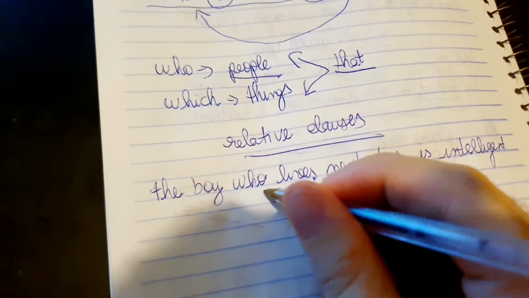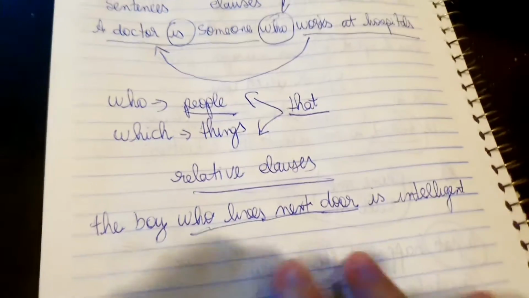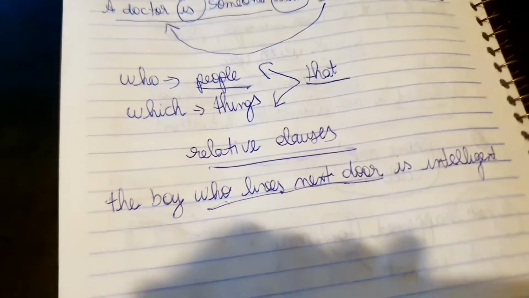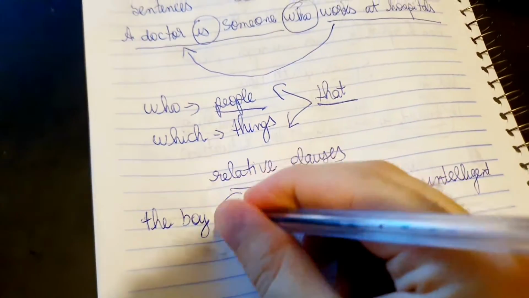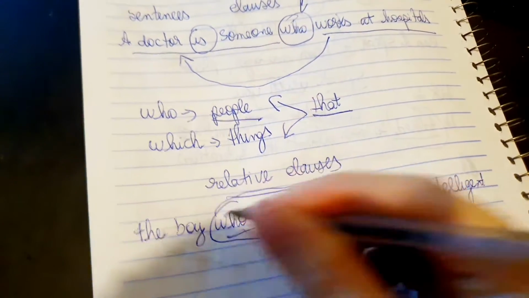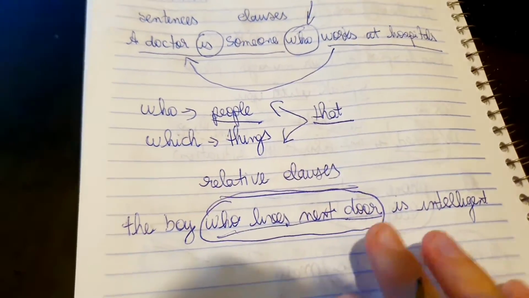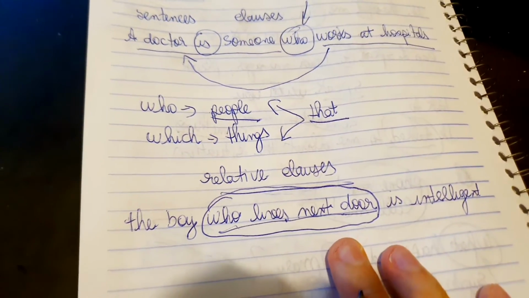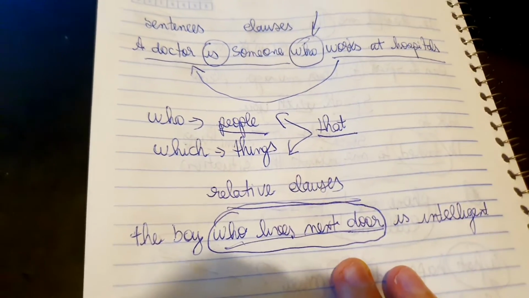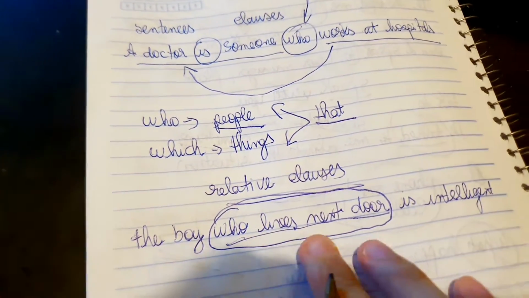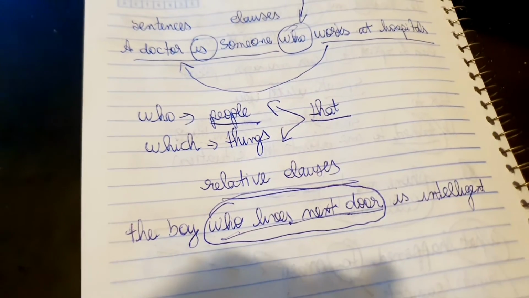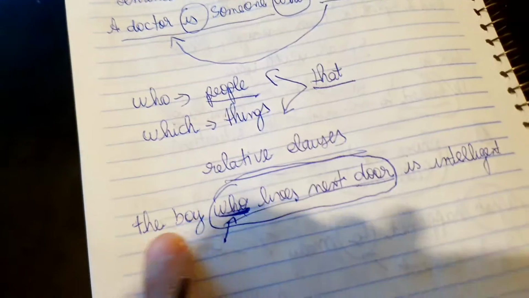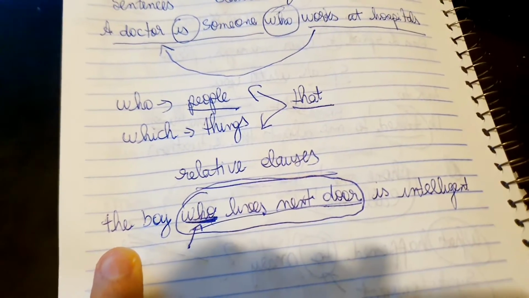Someone who lives next door is a neighbor, right? So the boy who lives next door, am I talking about any boy? No, I'm specifying who the person is I'm talking about. So the relative clause can be used when we want to give details about the noun we are talking about. So the boy who lives next door, it's not any boy. And we use who because we are talking about a person, okay?